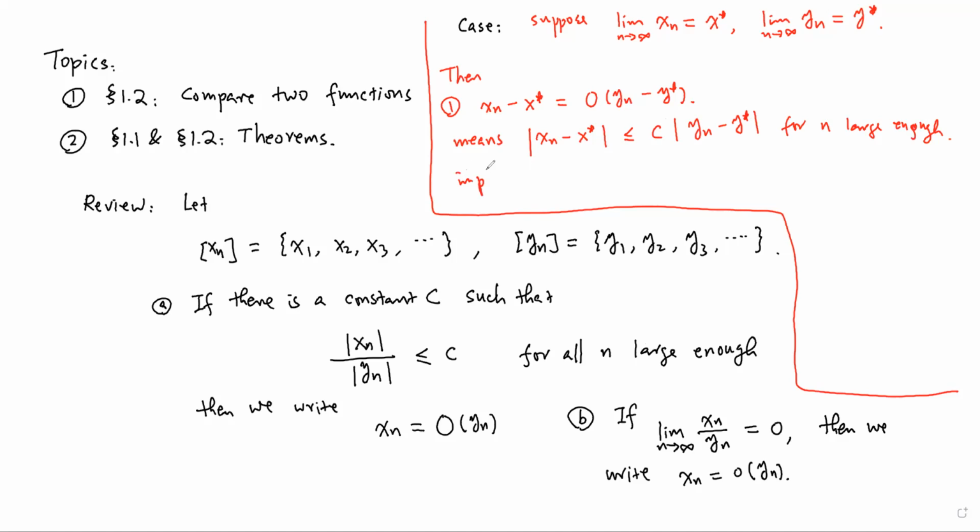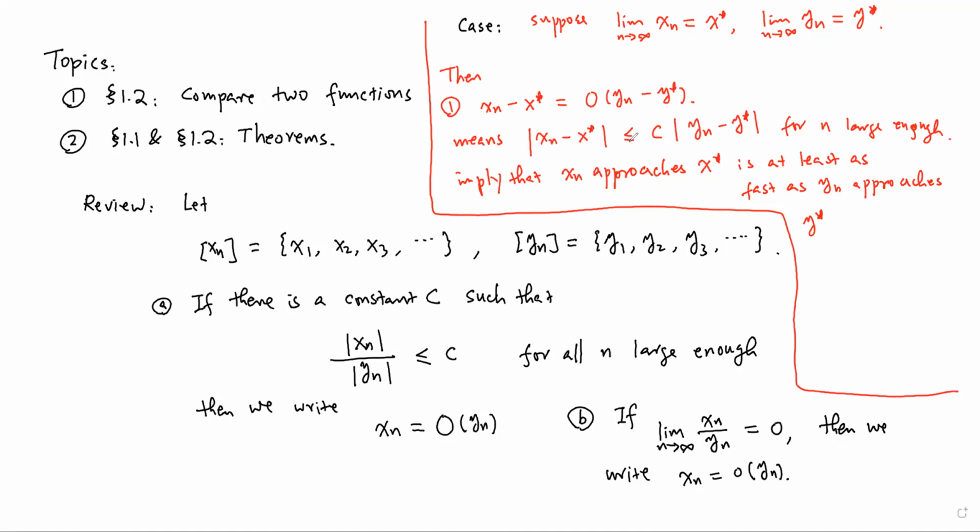This implies that yn is approaching y star, xn is approaching x star, but because of this inequality, xn approaches x star at least as fast as yn approaches y star.